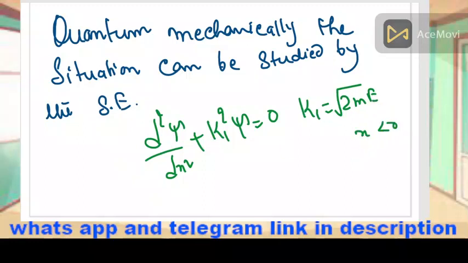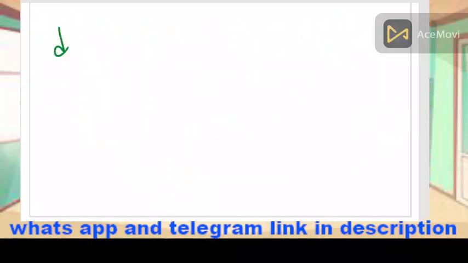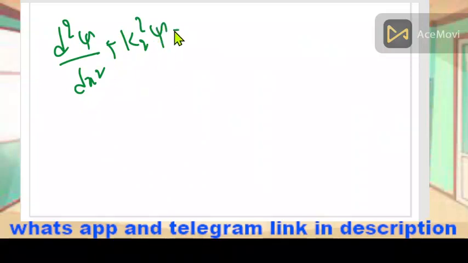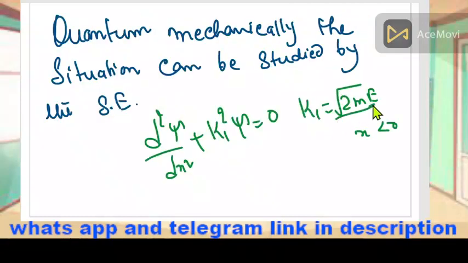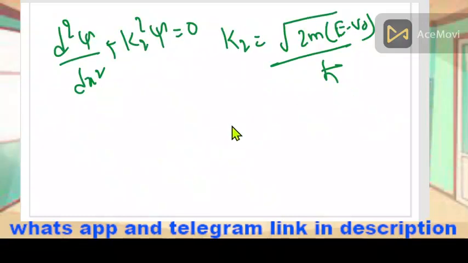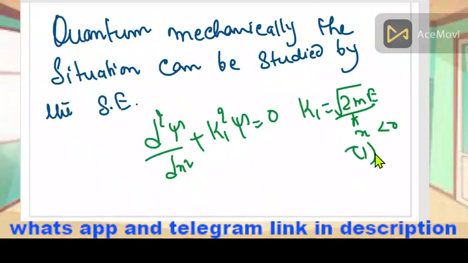This is for x less than 0. And in x greater than 0, what you have? d2 psi upon dx square plus k2 square psi is equal to 0, and k2 is root under 2m (E minus V naught) by h bar. This is the Schrodinger equation. This is equation number 1, and this is equation number 2.